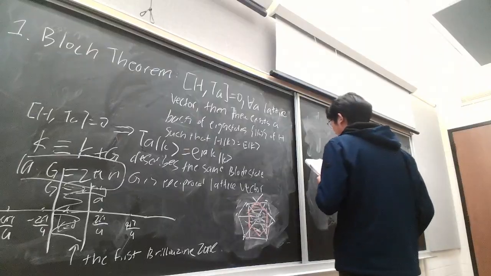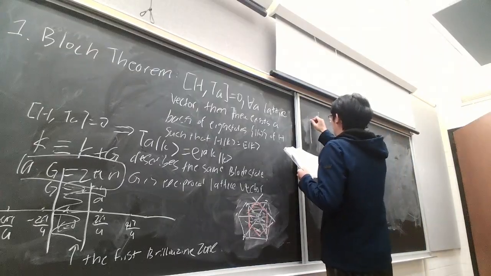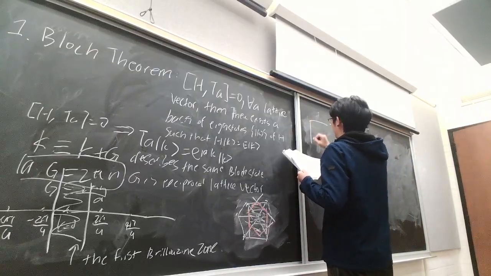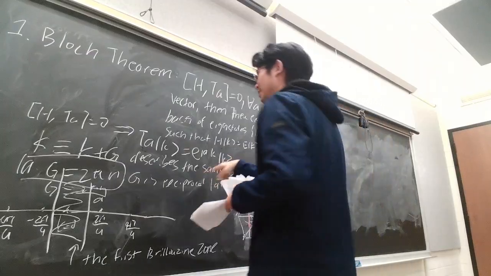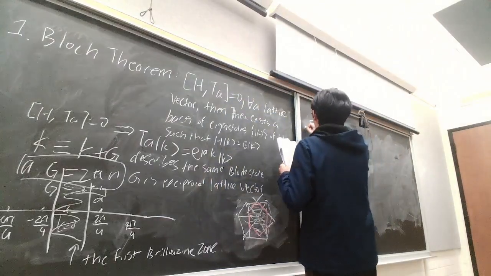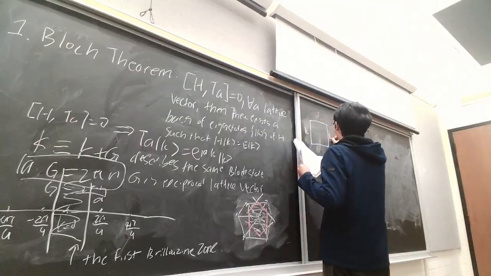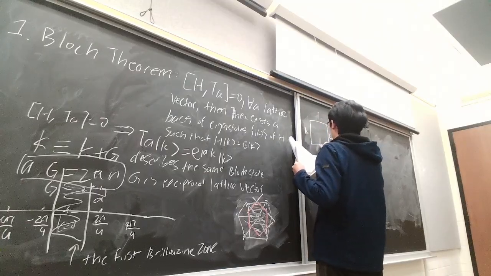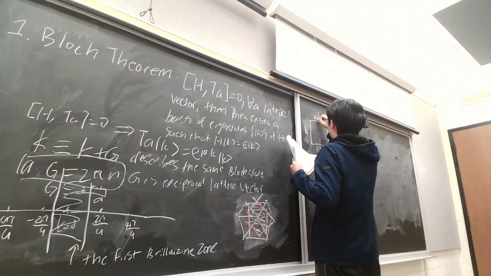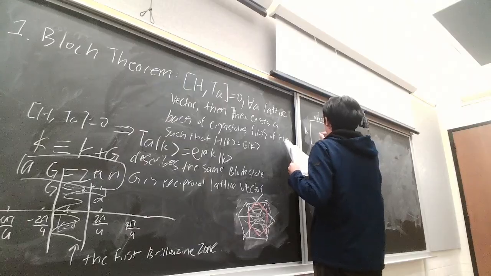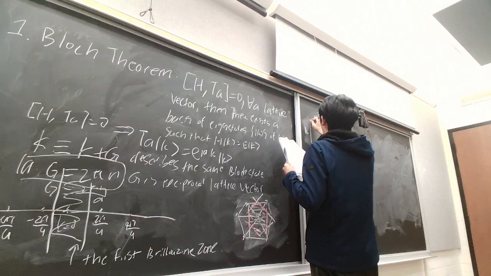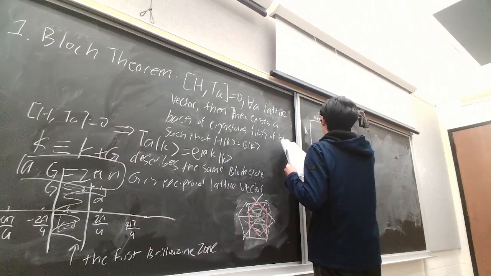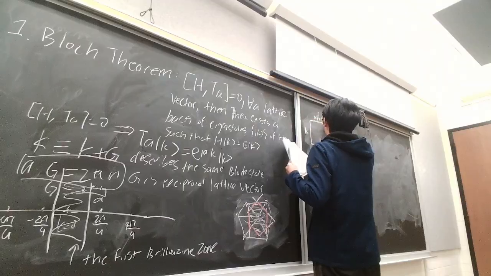Okay, and the same as the 2D materials, if my first Brillouin zone is like this, and because it's translationally invariant, if this one is kx, and this one is kx plus gx, and this is ky, and this is ky plus gy, and if it goes further, it will go back to this edge, so that this edge and this edge are glued together, and this edge and this edge are glued together.